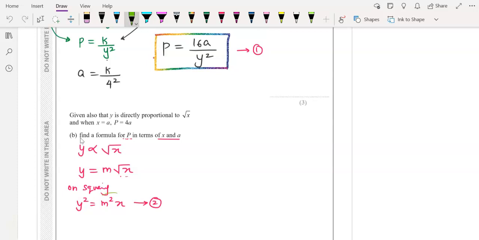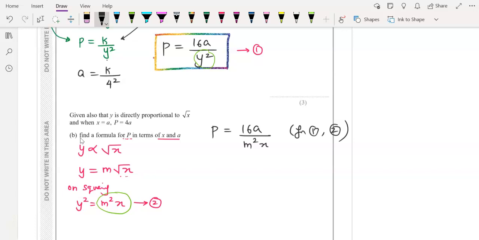This value I can substitute in place of y square in equation number 1. So I will get p equal to 16a over, in place of y square, I'll substitute the value which is m square x. So we are using point 1 and 2.